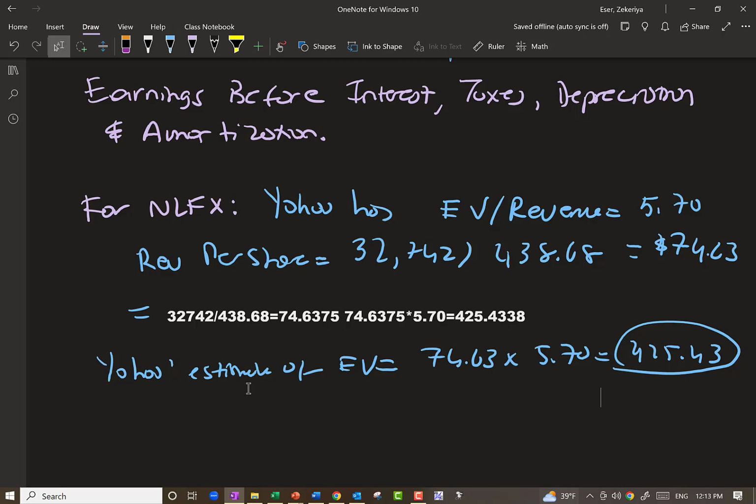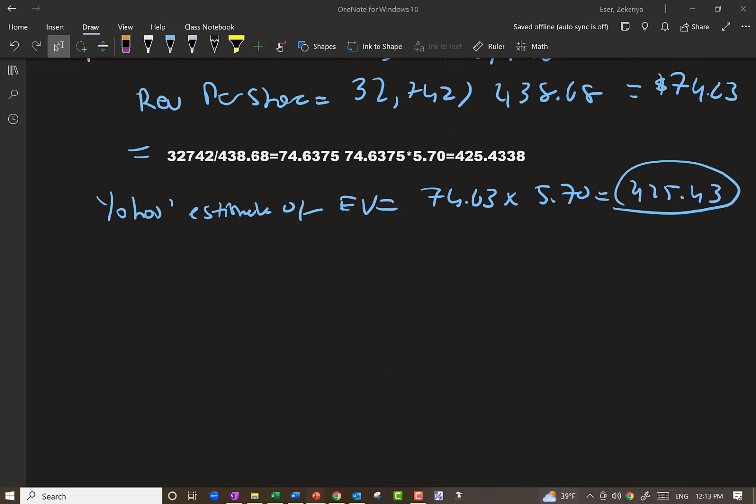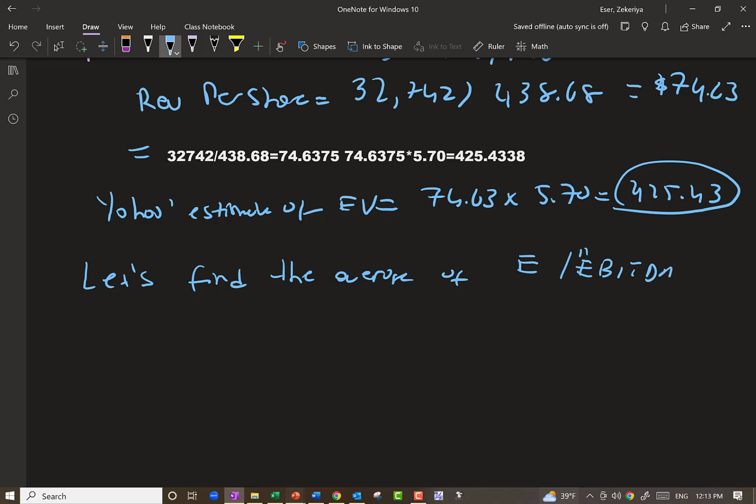So I'm going to be kind of practical. Let's find the average of earnings and EBITDA over the last 5, maybe 10 years, depending upon if data is available.